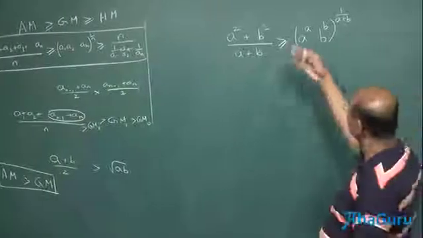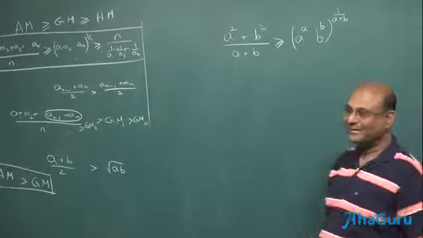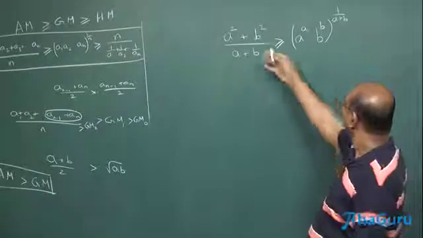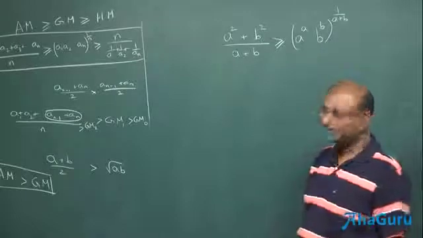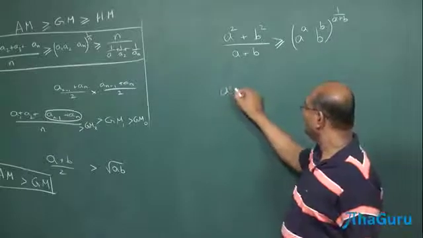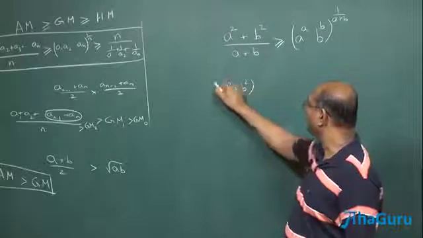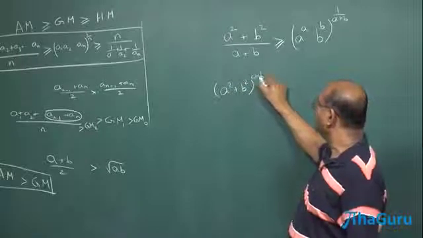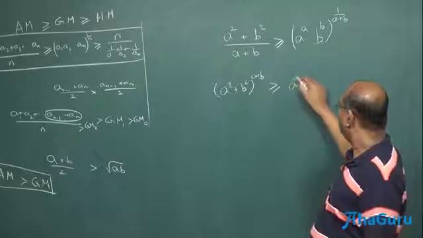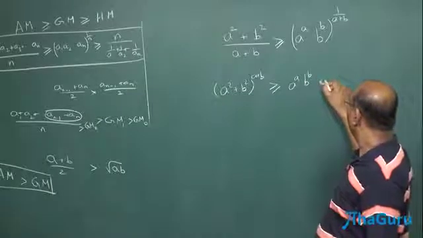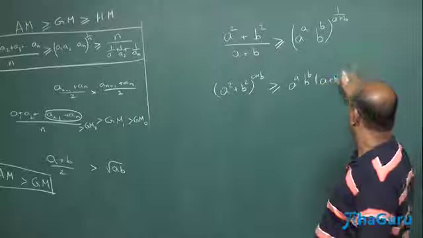Suddenly we've got a nice new theorem. Okay, and so if I now compare this, I can take this to the power of a plus b, and I can say (a square plus b square) to the power a plus b is greater than or equal to a to the power a, b to the power b, and (a plus b) to the power a plus b.